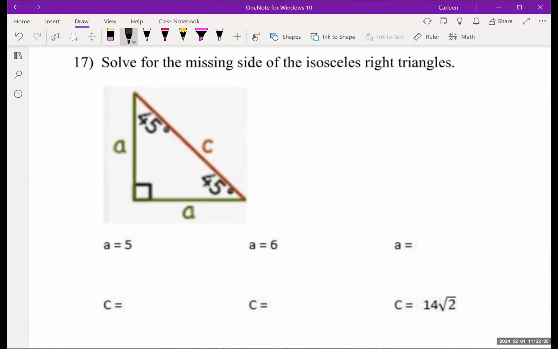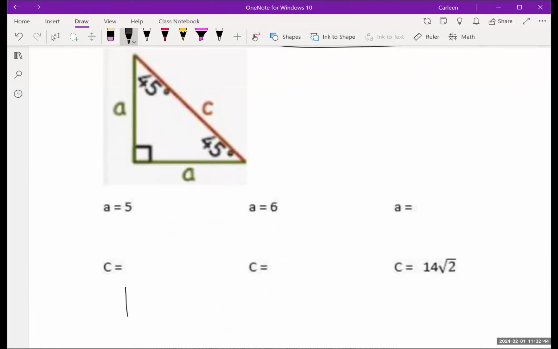Now, this is an isosceles right triangle. So let's draw this here. Isosceles right triangle. If A is 5, we're going to say A is 5, and it's isosceles, so this A is also 5.